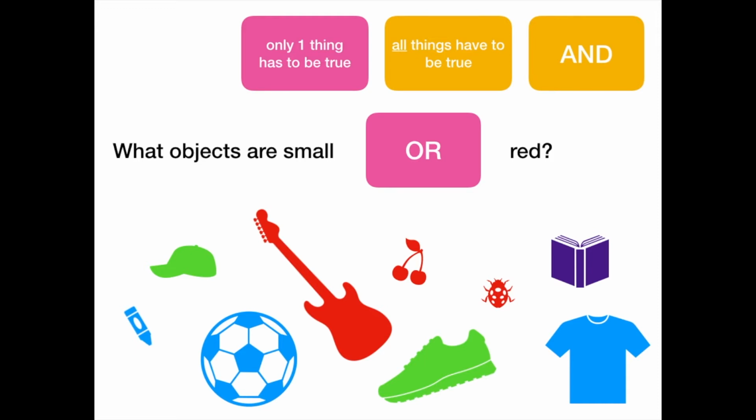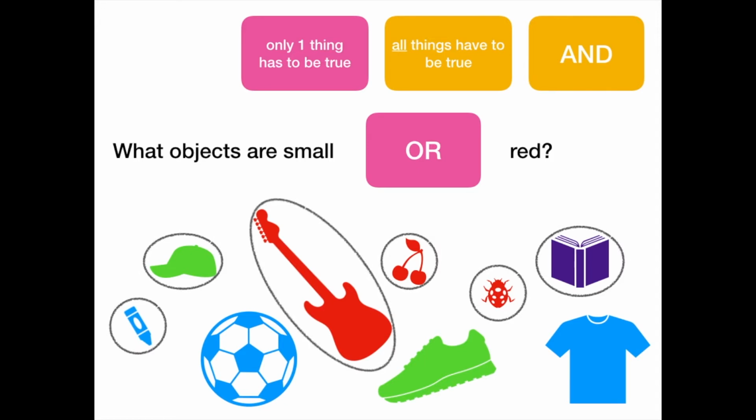So let's look which ones are small or which ones are red. These are the objects that are small or red. The crayon is small. The hat is small. The guitar is red. The cherries are red. The ladybug is red. And the book is small.